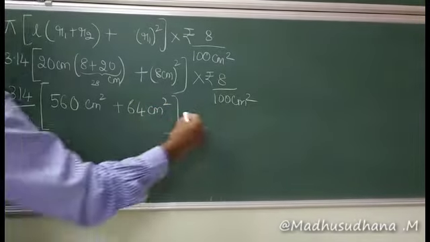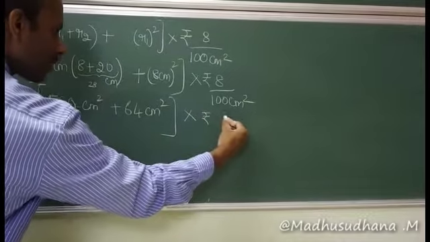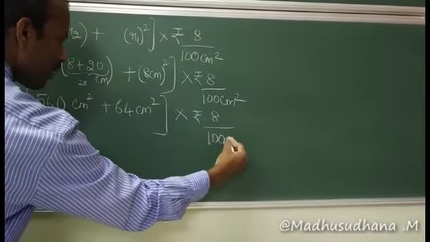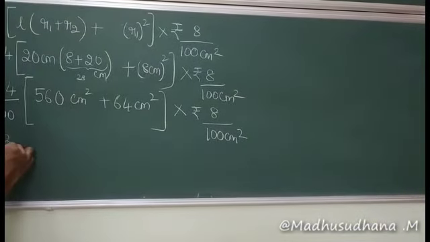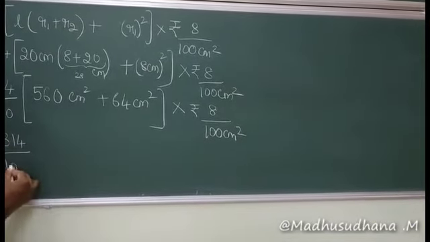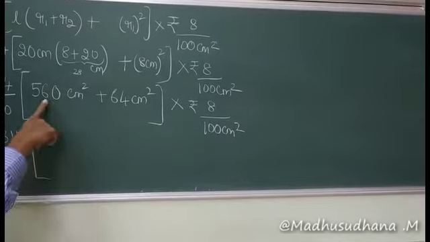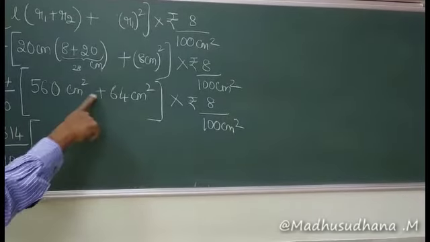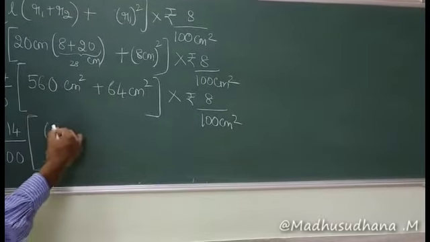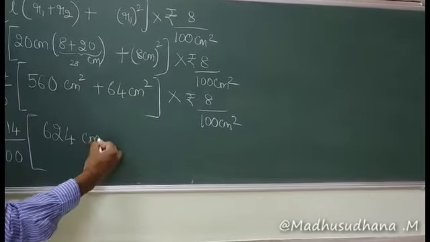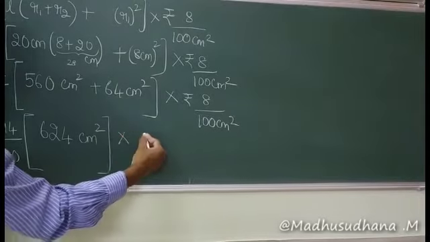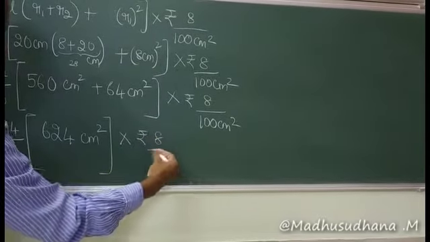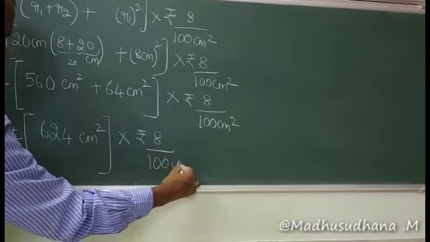This is multiplied with rupees 8 per 100 centimeters. So this shall be equal to 314 by 100 multiplied with 560 plus 64. 6 plus 6 is 12, therefore you shall get 624 centimeter square, multiplied with rupees 8 by 100 centimeter square.